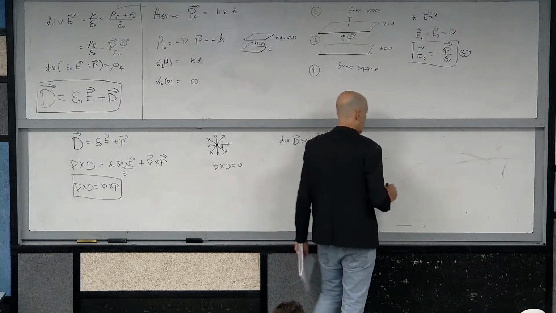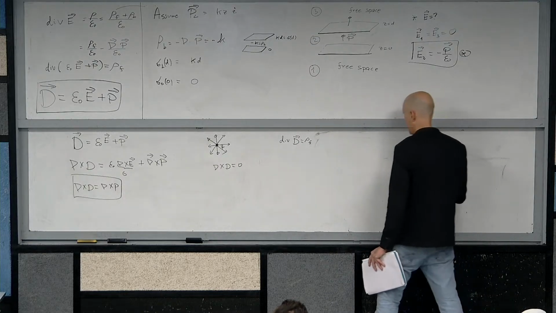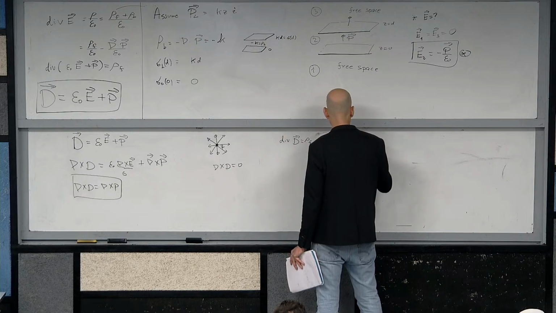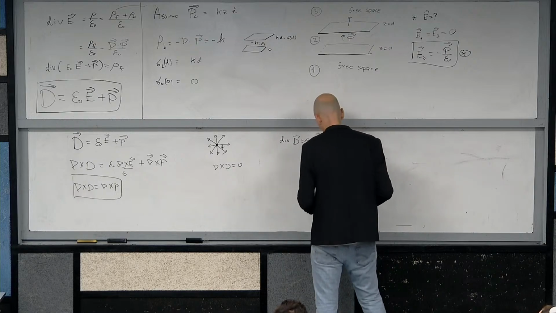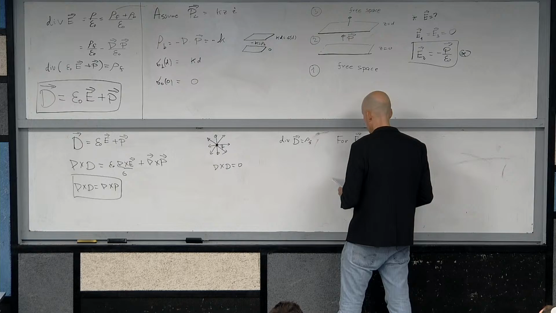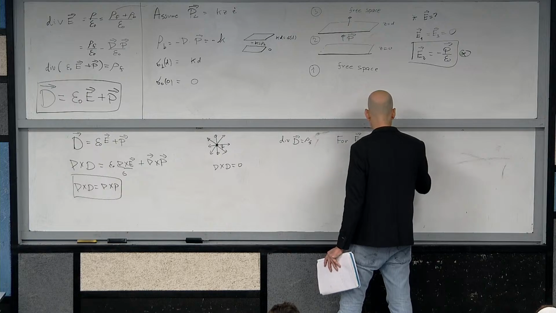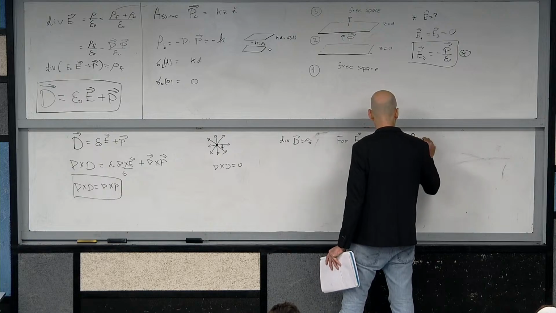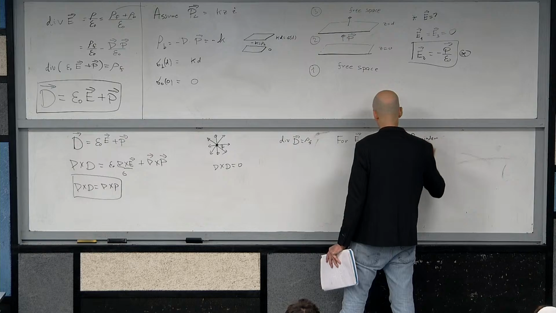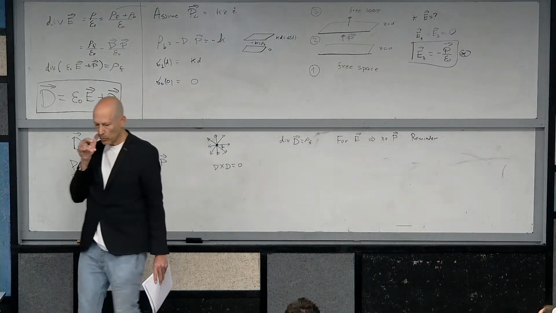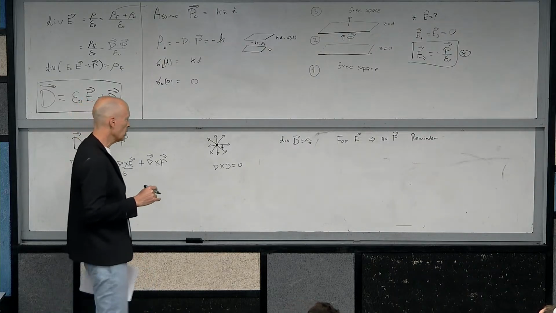And now let us remind ourselves what happens for E. No P. This is a reminder. I'm reminding you of the rules so that we can modify them when we have polarization.